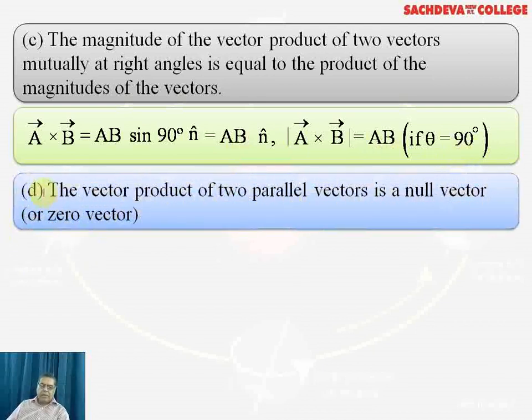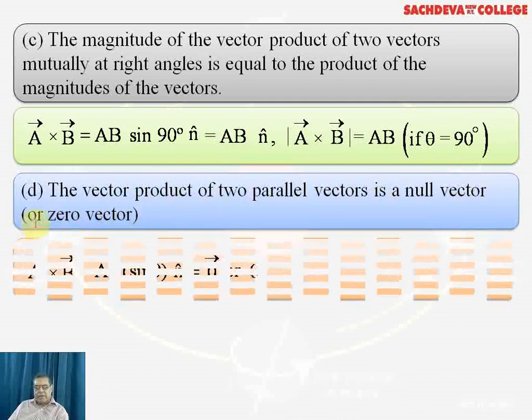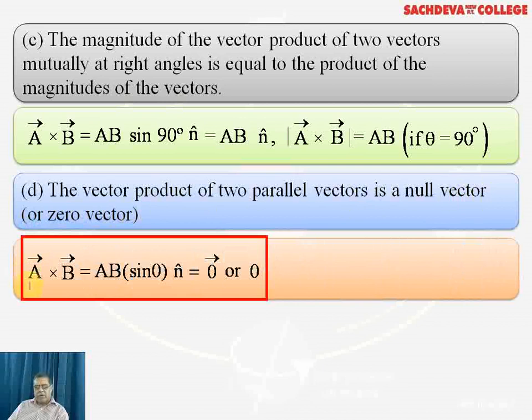Now, in another concept, the vector product of two parallel vectors is a null vector, that is, the 0 vector. The cross product of A and B will be equal to AB into sine 0 into the unit vector. Sine 0 is 0, so the net result of the cross product of A and B will be 0.